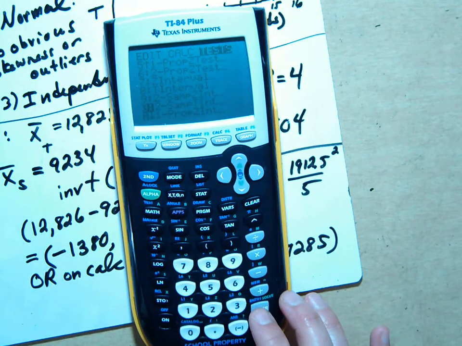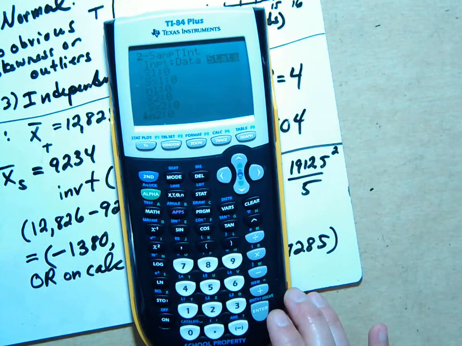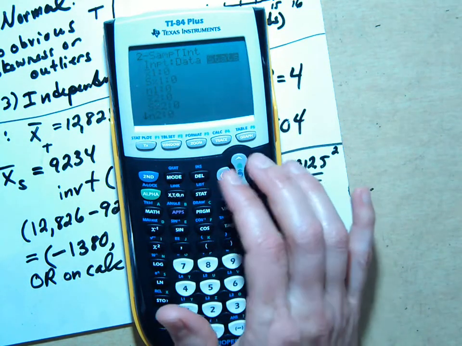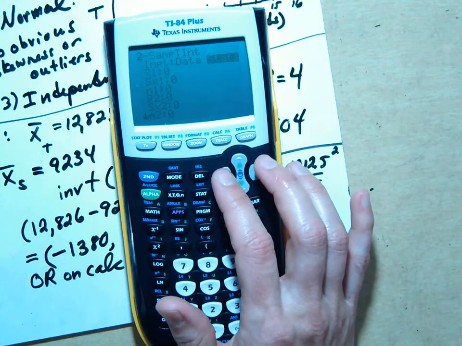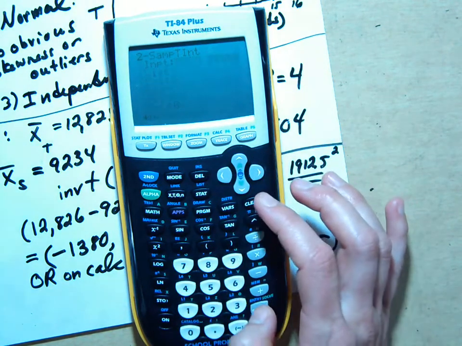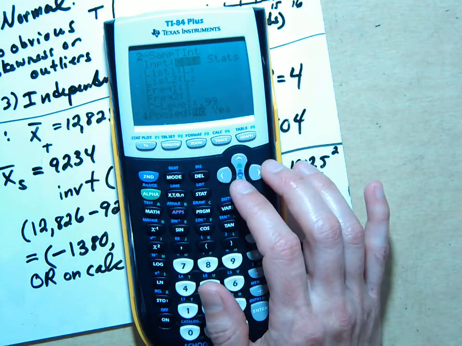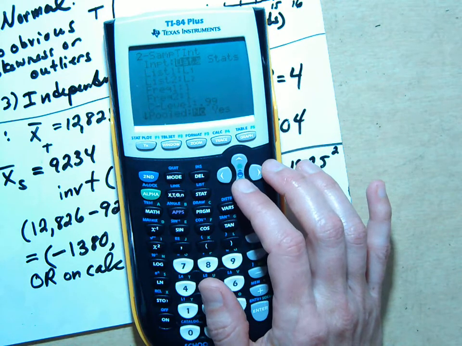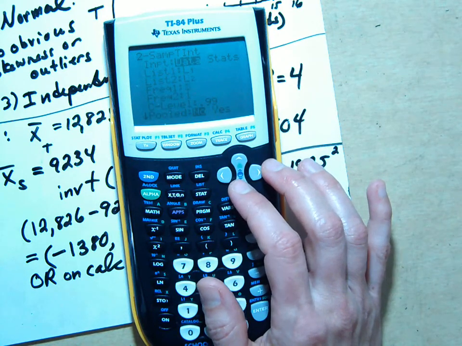Hit enter, and then you could hand enter the stats, or just use the data that you already typed into L1 and L2. That's the cool thing. Since we already had to type that data in, I'm going to do data for this, L1, L2. Leave the frequencies the same, confidence level 0.99. Be sure you type that in.